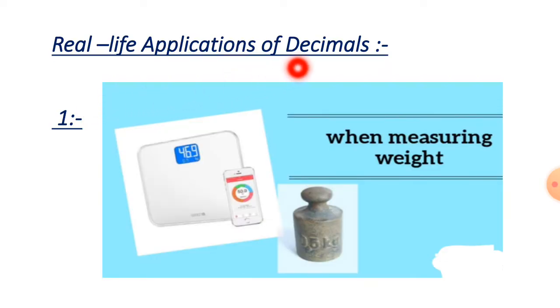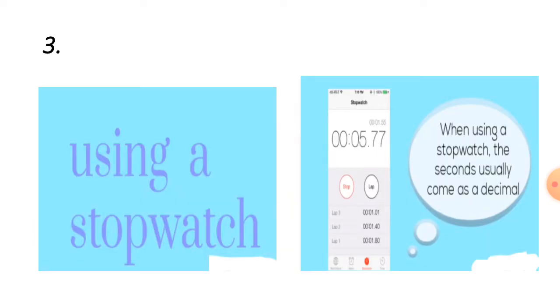Real life applications of decimal. Number 1, we can use decimals in our real life when we measure weight. Number 2, in grocery. When buying things from the grocery, the price usually comes with decimals. You can see this, that is decimal. Number 3, using a stopwatch.